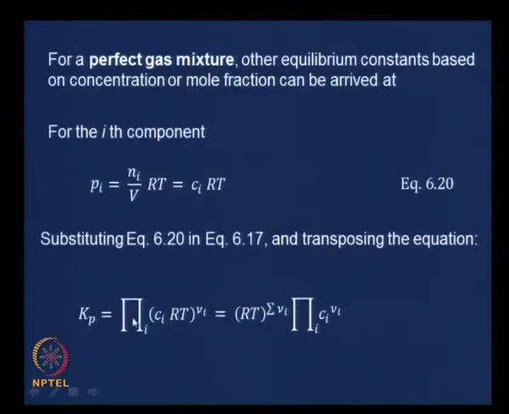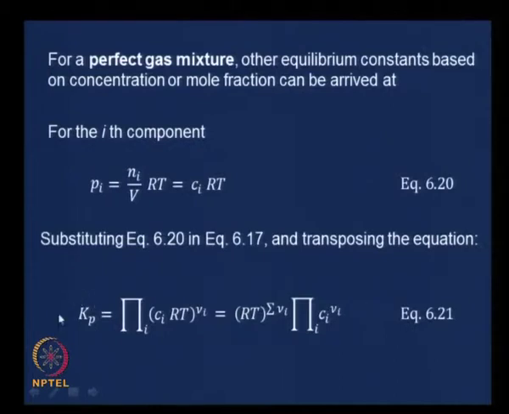You should have arrived at Kp equals the product over I of Ci RT, the whole power nu I, which can of course be written as RT to the power of the sum over nu I times the product of Ci to the power nu I. Let us call this equation 621.